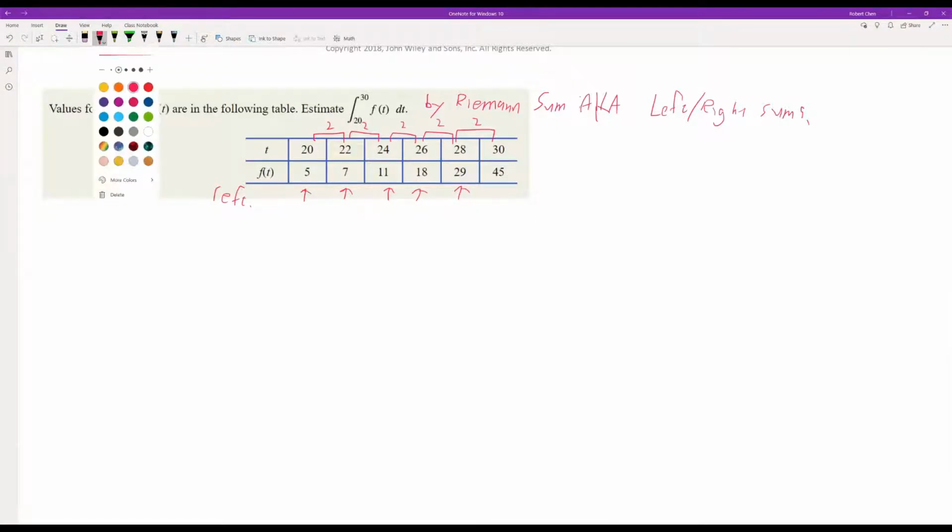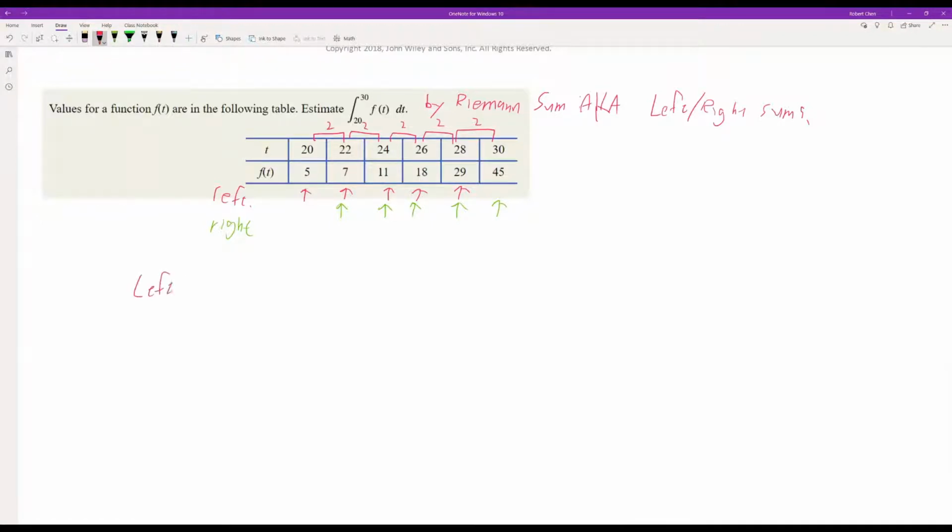And for the right-hand sum, we'll be using the value on the right for each interval. So you can see that for the left-hand sum, we are not including the last value, and for the right-hand sum, we are not including the first value. Let's do this.